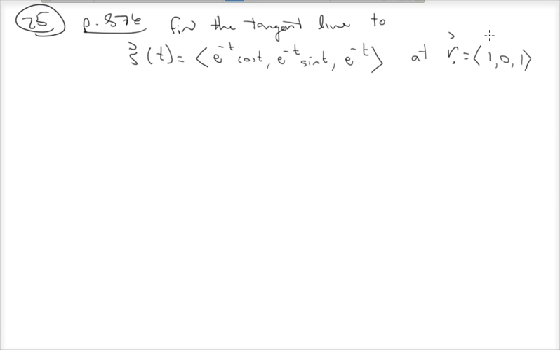In the same way that when we find the tangent line to a 2D curve, we take the derivative of that curve, and that gives us the slope of the tangent line, we need to find the derivative. Remember, when we find the line, we have our r, which is equal to x, y, z, all of our Cartesian variables, and that's equal to our r sub 0, a point on the line, plus t times a v, and that v is going to be parallel to the line that we're looking for.